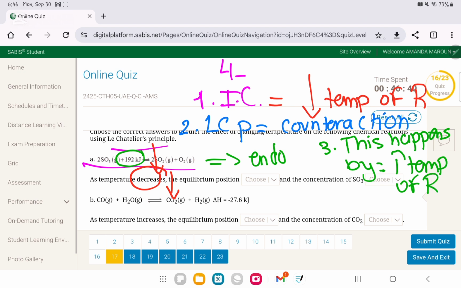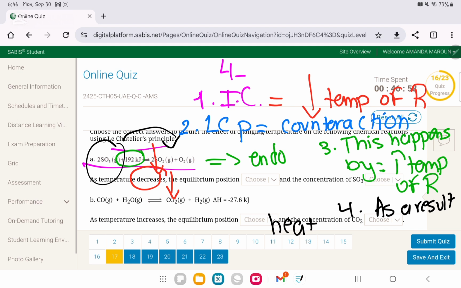After that, we have step 4, the final step, which is as a result. Since we increased the temperature of the reactants, for this increase in temperature to happen, what happens?